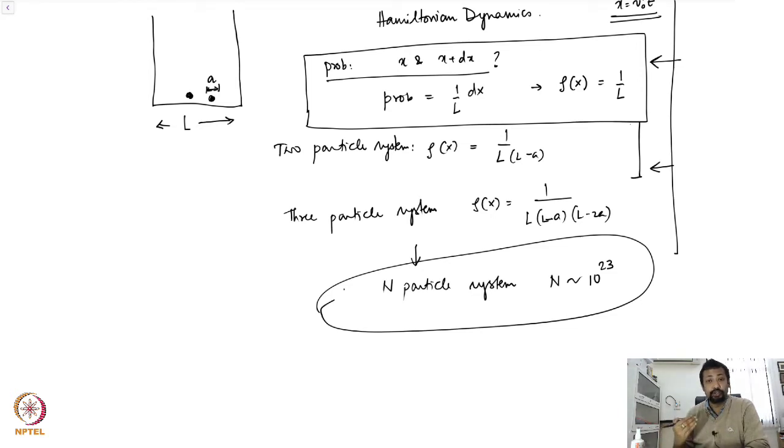So what do we do? We have too much information in our hands, and we essentially sacrifice the deterministic picture that we know from classical mechanics to go into a probabilistic picture.